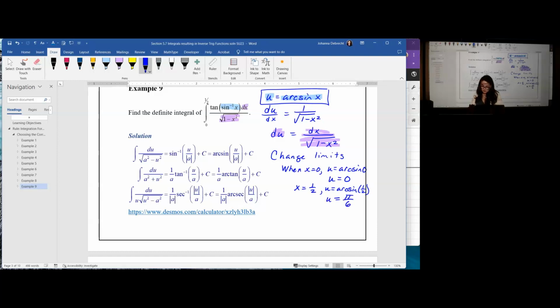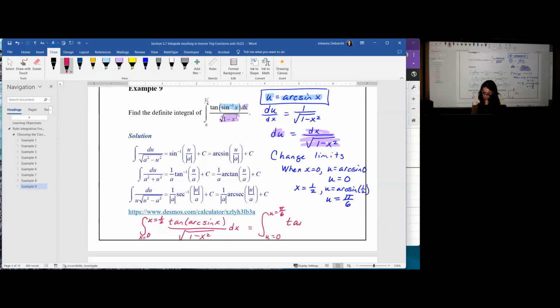Now I can rewrite the original integrand. Let's go ahead and rewrite it here. Coming from x equals 0 to x equal 1/2, I'm going to replace each piece in the original integral with the pieces that I've defined. This is then going to give me the integral from u equals 0 to u equals pi over 6.